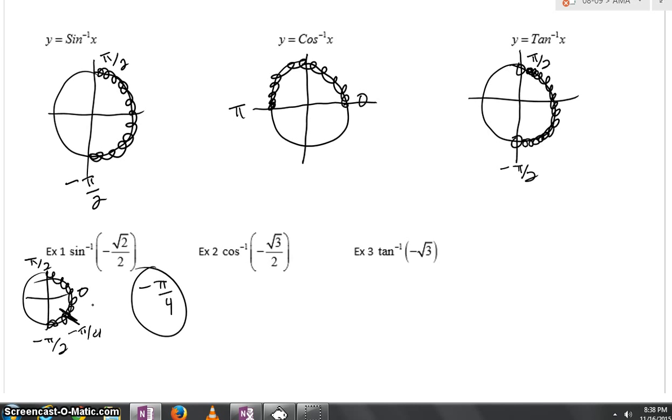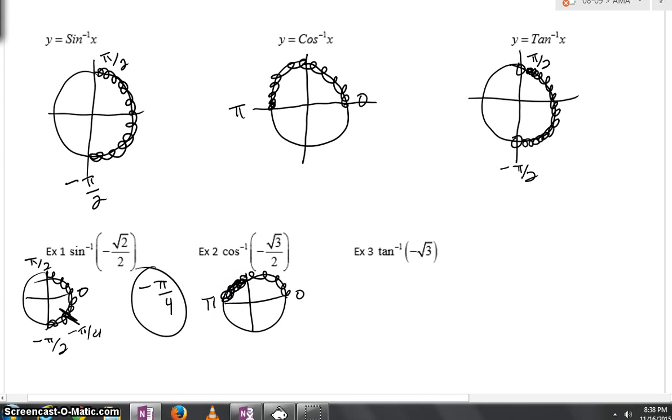For example 2, as we look at inverse cosine and see a negative value, once again we know that our angle must be between 0 and pi. That being said, we know that with a negative value, we won't be in the first quadrant. We're actually going to have to be in the second quadrant.